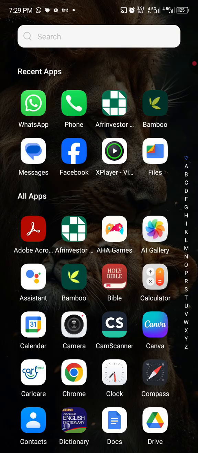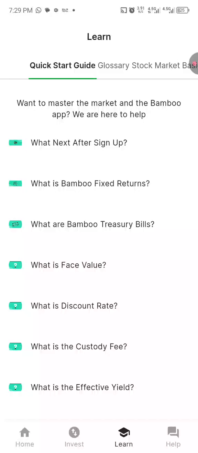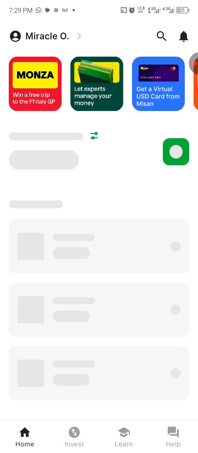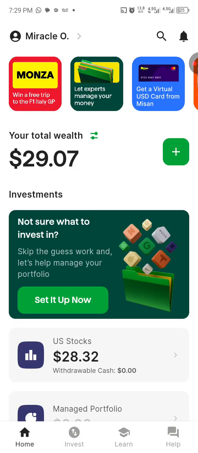Now this is Bamboo. This is what the interface looks like. So this is my account, and Bamboo is quite easy to navigate.